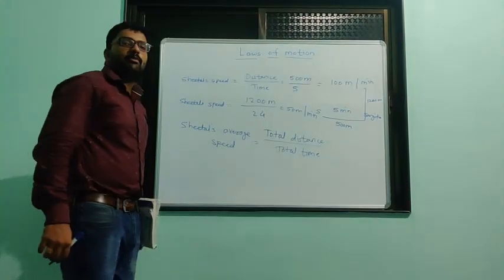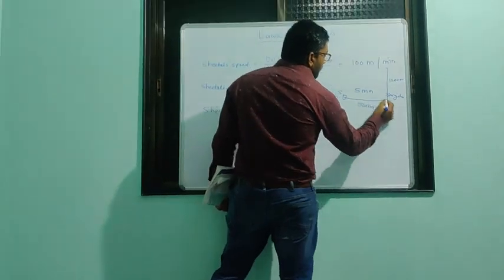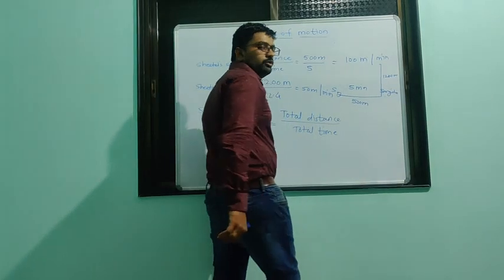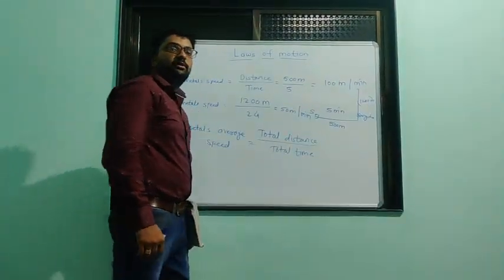Here Sheetal starts from her house. First she went to Sangeeta's house, then to school. Means this 500 meter plus this 1200 meter.